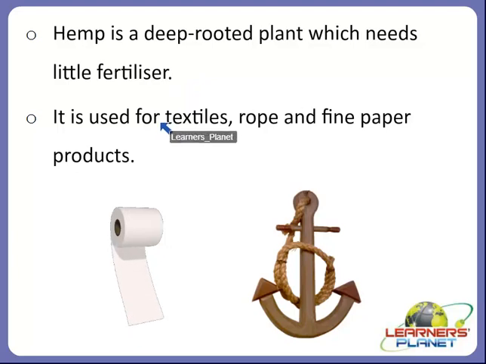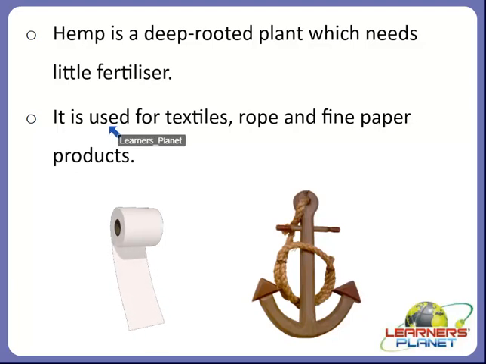And that is why it is used for textiles, rope and fine paper products. It is used in the production of ropes, carpets, clothes, nets and paper. Basically for paper production. As it was discovered by some people in ancient times, it is used historically for items such as ropes and ship sails.